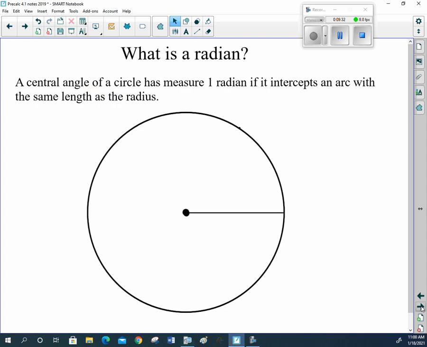This slide right here is a quick review of what a radian is. Not only can you measure angles in degrees, but we can measure them in radians. A radian is a pretty big measurement. Degrees are really small; a radian is pretty big.